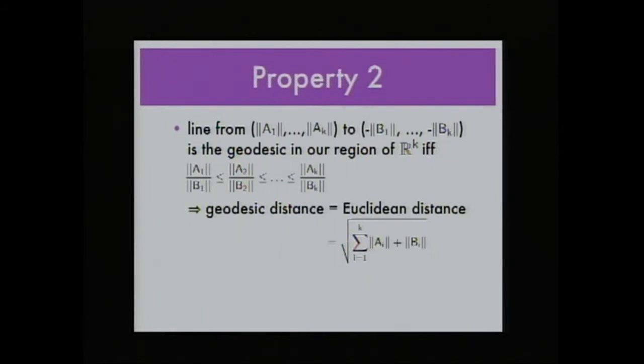And because we had a straight line, we know its distance by the Euclidean distance formula. So that's going to be our property 2, that this metric condition is satisfied.